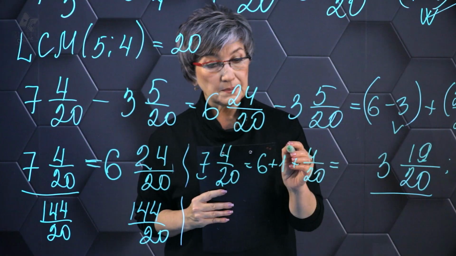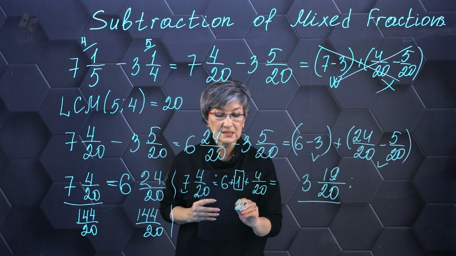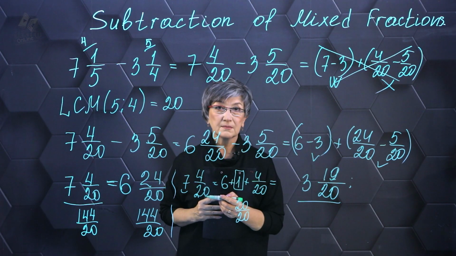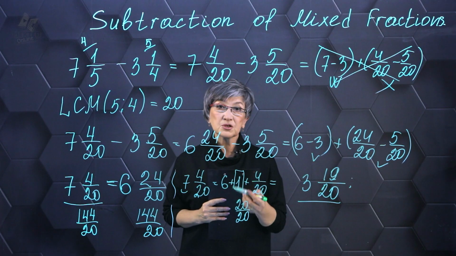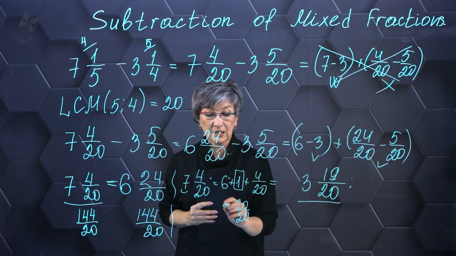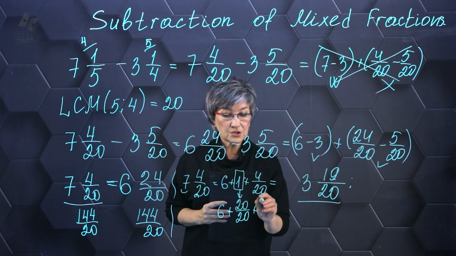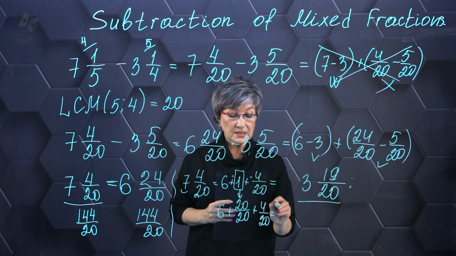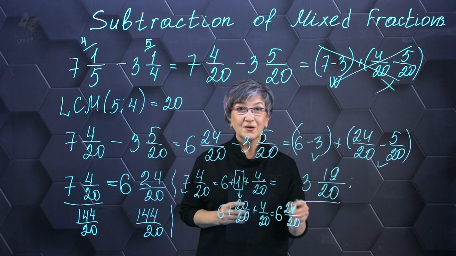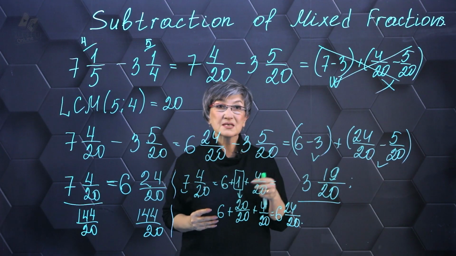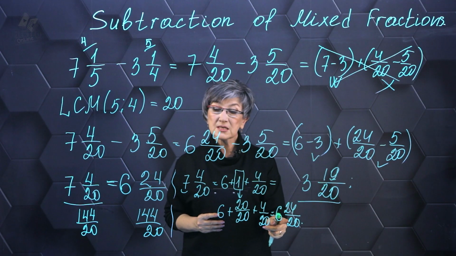Now I'm going to write down this 1 as 20/20. Why 20/20? Because I need a denominator of 20. So 6 plus 20/20, that's 1, and plus 4/20. The result is 6 whole 24/20. This is how we can write a mixed number in a different way. It's the same thing, just written in a different way.